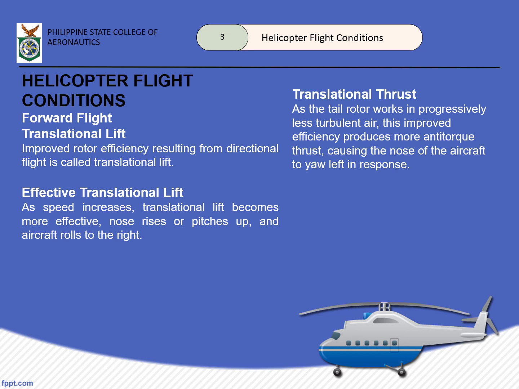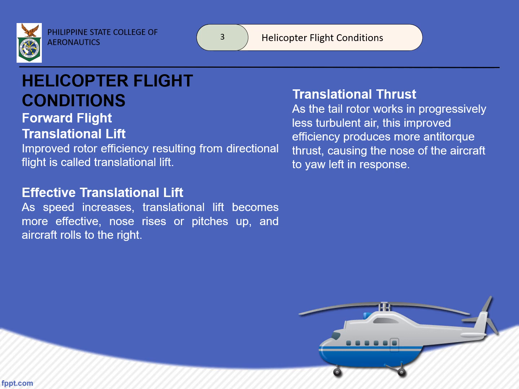For forward flight, we also have translational lift, effective translational lift, and translational thrust. Translational lift is the lift that is gained when a helicopter translates from hover into forward flight. Additional lift increases with increasing airspeed and is derived by the rotor system moving into undisturbed air.